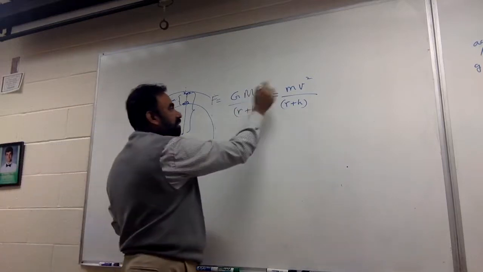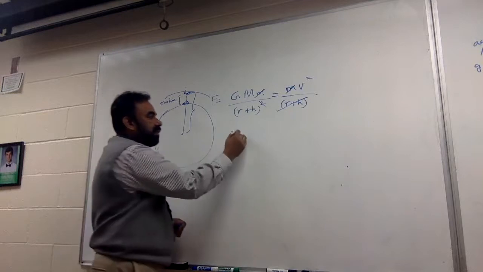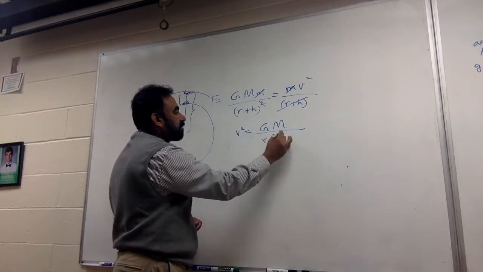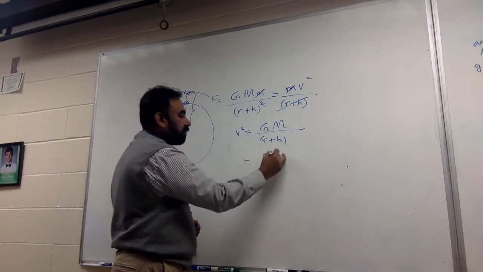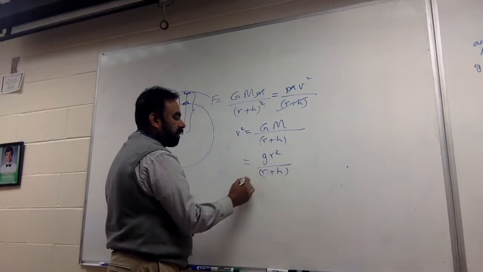So do the same thing. Cancel the masses. Cancel one of these. What do you have as speed squared? GM over r plus h. You can replace it as gr squared over r plus h. Plug it in.